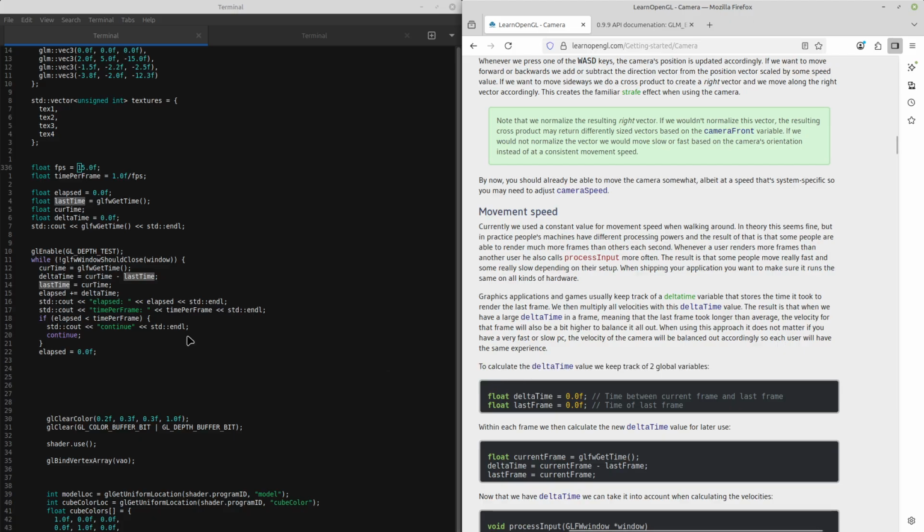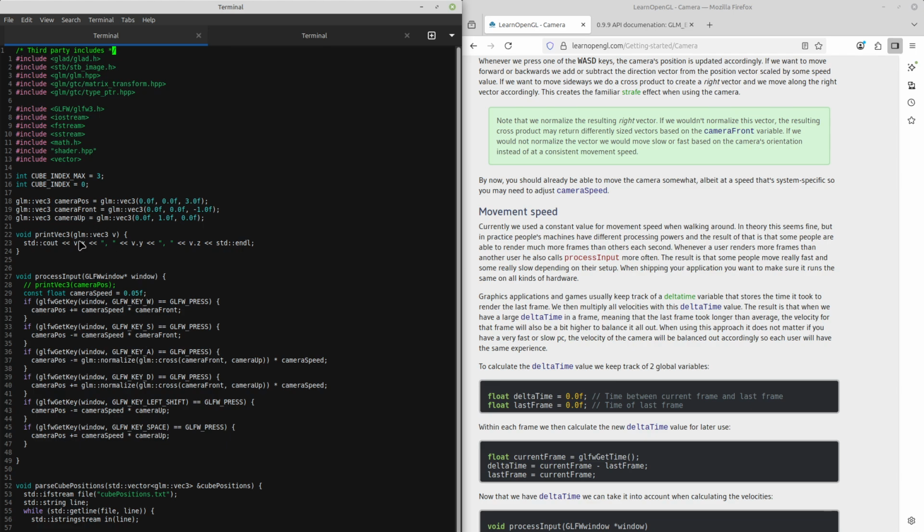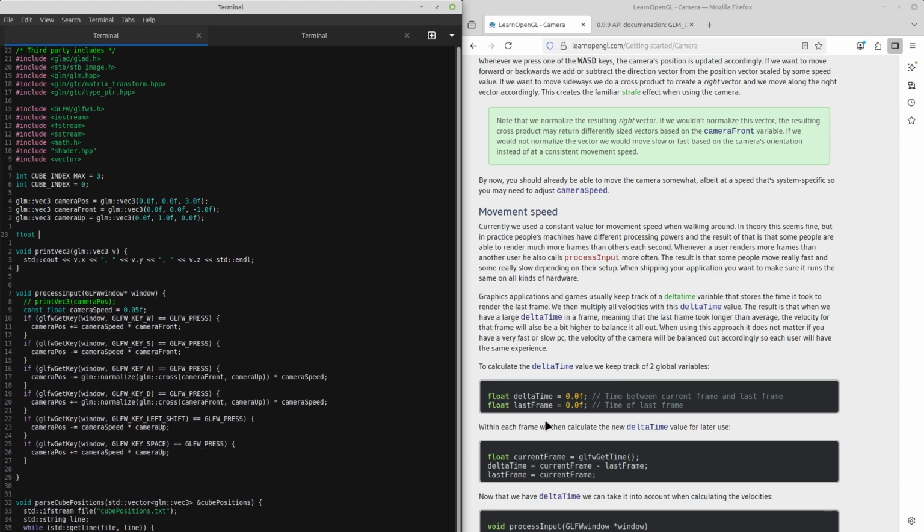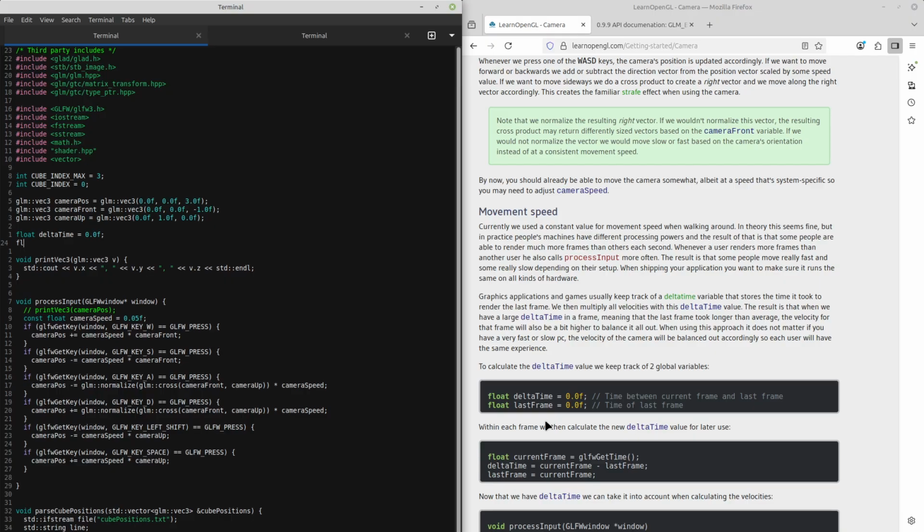To calculate delta time, we keep track of 2 global variables, kind of doing, I assume, similar things that I did: how much time has passed since the last frame, and last frame time.